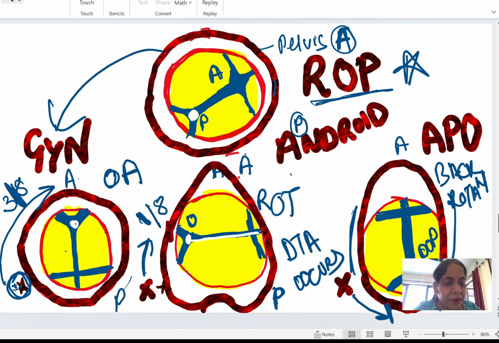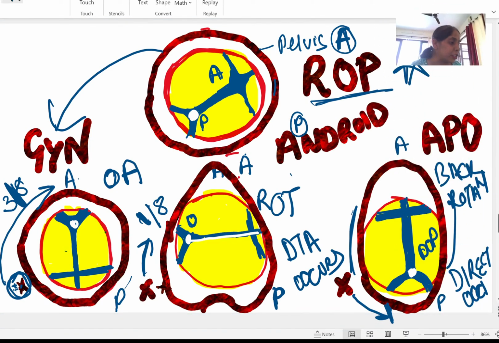The posterior fontanelle goes into extreme posterior, direct occipito-posterior, because the lateral walls are narrow in anthropoid pelvis. Okay.